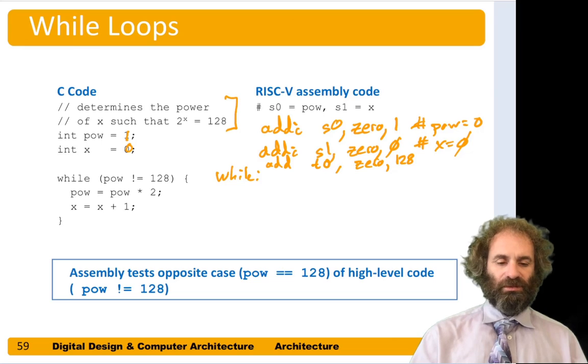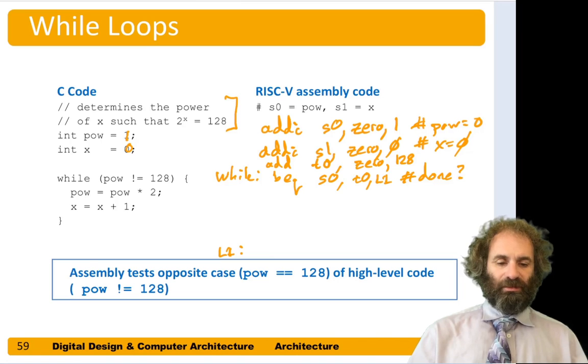Now, we want to continue doing the body of the while loop as long as pow is not equal to 128. So the opposite of that condition is pow equal to 128. We'll do a branch if equal, pow is in S0, and T0 has 128. So we'll check if it's done, and if so, let's go to some label 1. That will be down here.